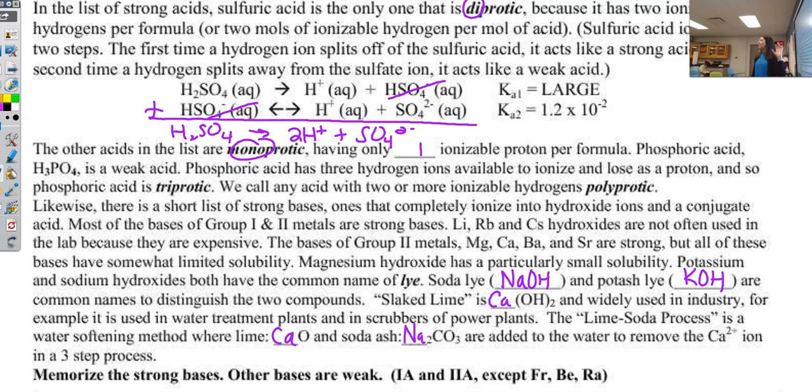And the polyprotic acids, usually only the first hydrogen that comes off is going to be a lot more than the second hydrogen coming off. And that's going to be a lot more than the third hydrogen coming off. Bases don't do this. If I have calcium hydroxide, the hydroxides come off equally. The calcium leaves, the hydroxide leaves, and the other hydroxide leaves. They happen all at once.